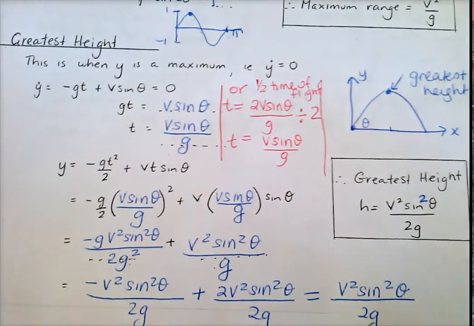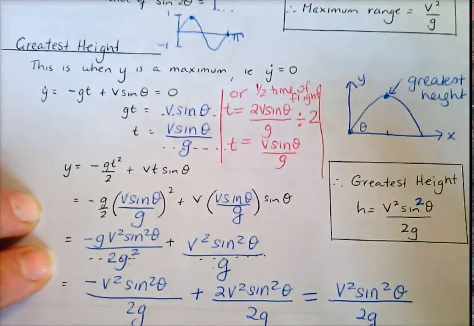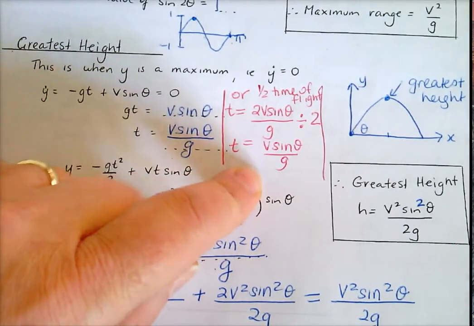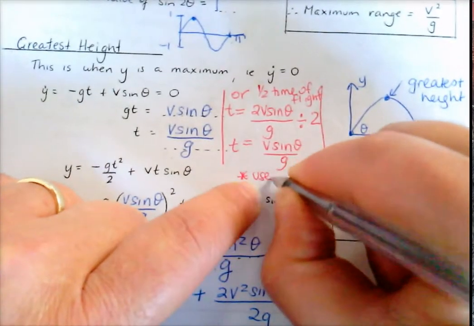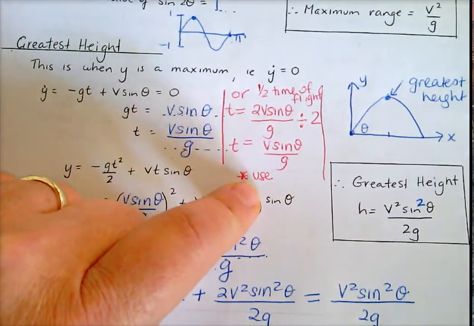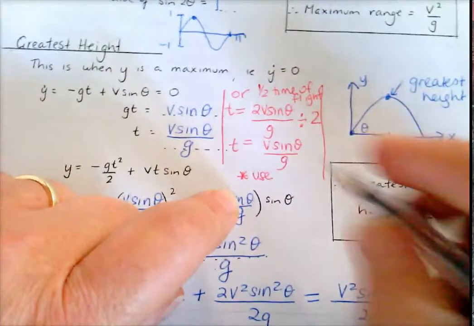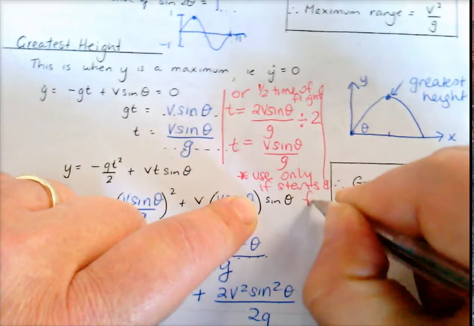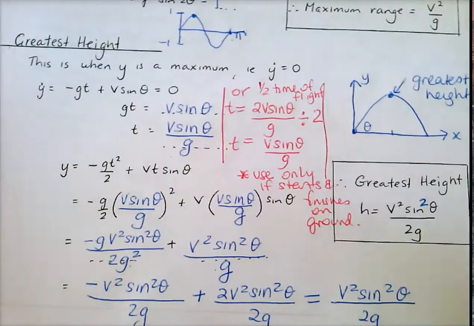Divided by 2 is times a half, which means you put 2 over 2. But girls, you only ever use that if the particle starts and finishes at the ground. Otherwise, you can't use it. It has to be symmetrical, otherwise that won't work. So I wouldn't be relying on it as my method. Use only if the particle starts and finishes on the ground.